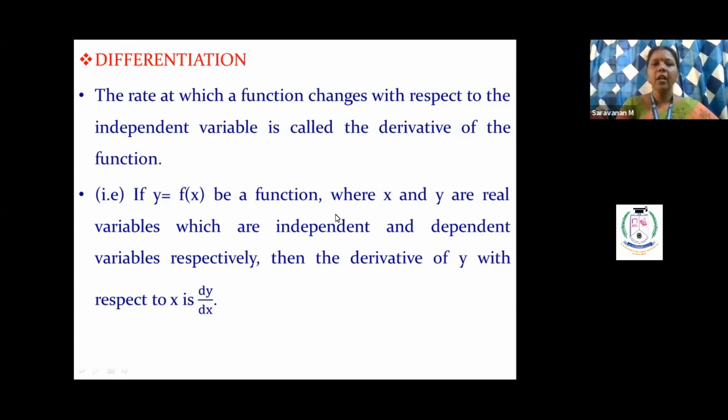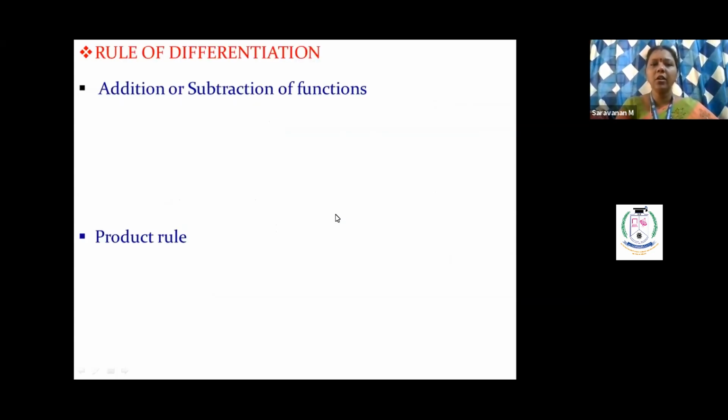Now we are going to see the rules of differentiation. Basically we have only 3 rules, and based on that only we are going to proceed. One is addition or subtraction, the other one is product rule, and the next one is the quotient rule. What is addition or subtraction of a function?